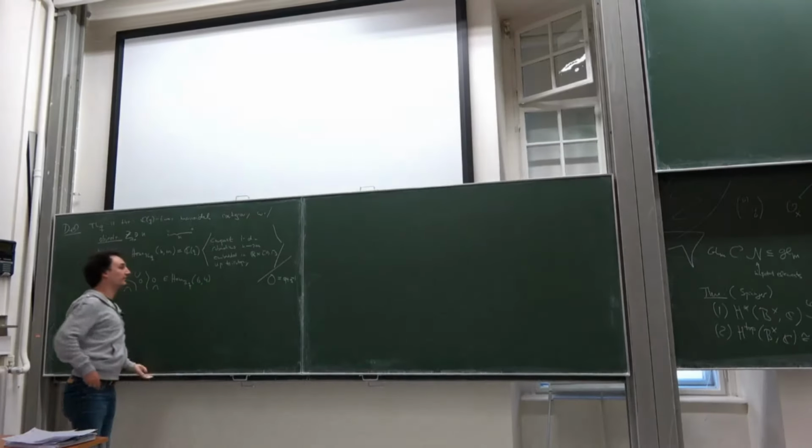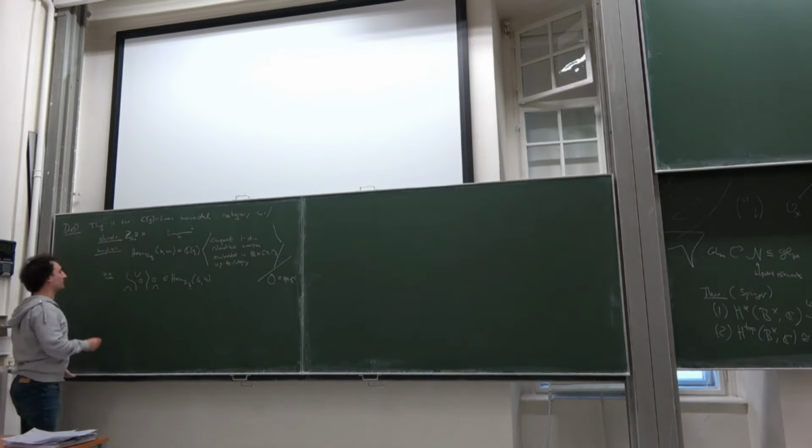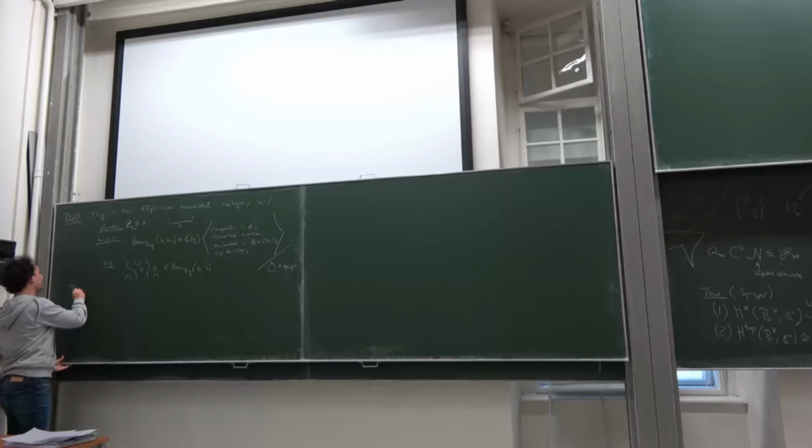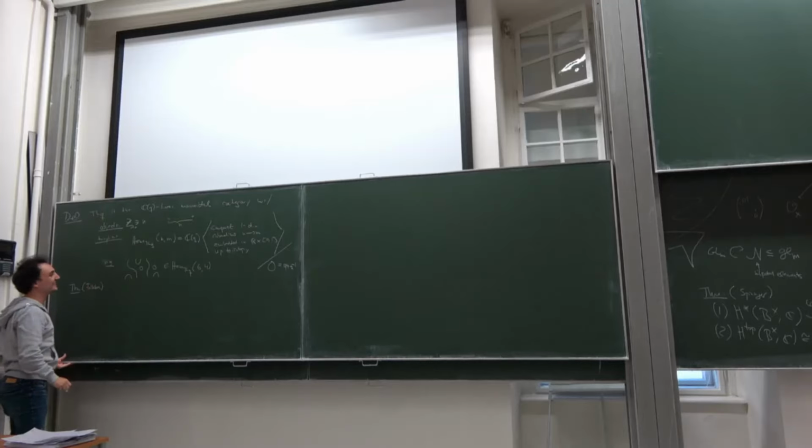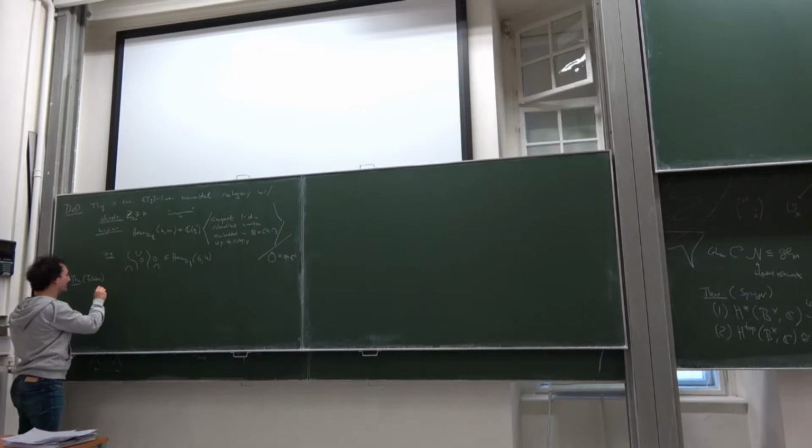recall some of the representation theory that is related to this. So, theorem, I don't know who this is due to, but it's probably some old folklore theorem which you all know.